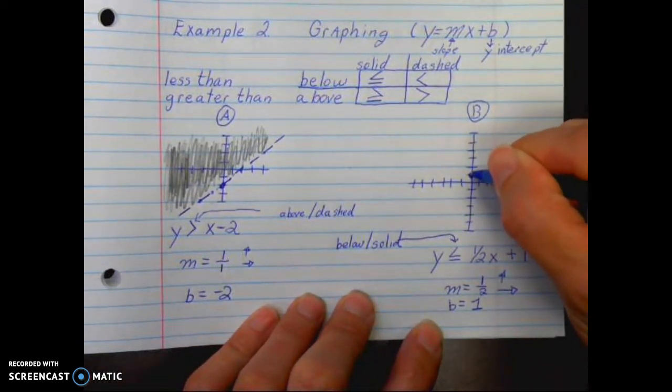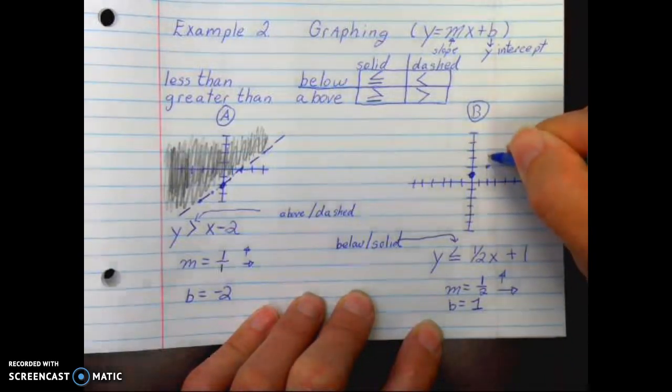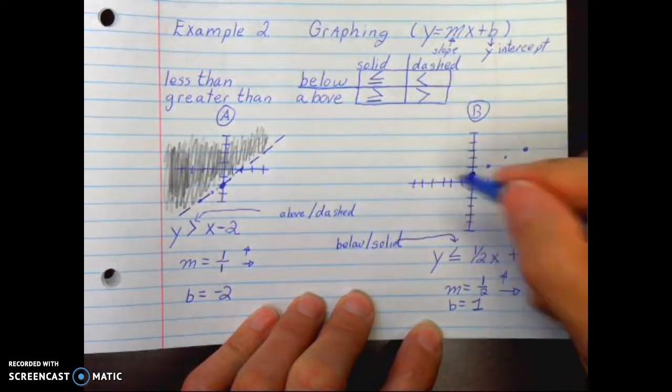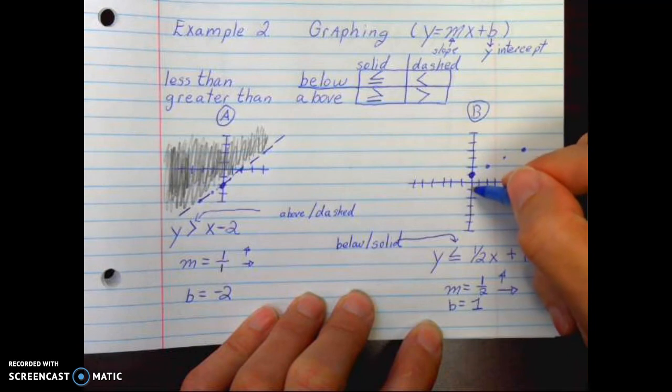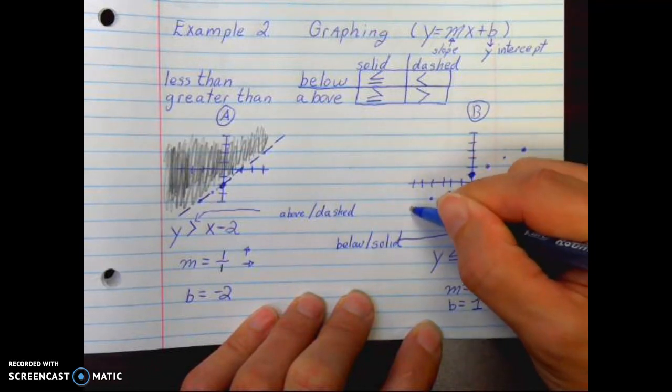That's my y-intercept. Up 1, this time over 2. Up 1 again, over 2 more. Up 1 again, over 2 more. I think that's good enough. Repeat the pattern. I'm going to go down 1, backwards 2, down 1, backwards 2, down 1, backwards 2.